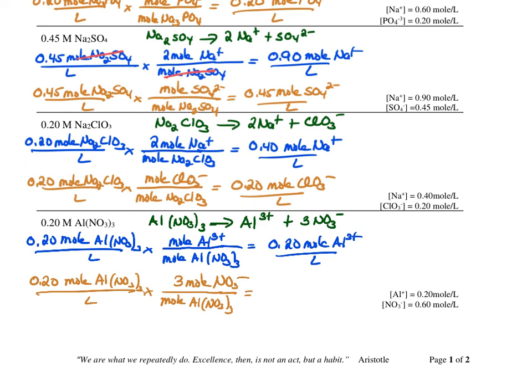So we do our math, and we see our solution contains 0.60 moles of nitrate ion per liter.